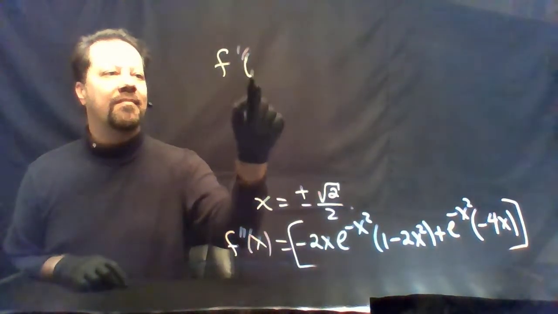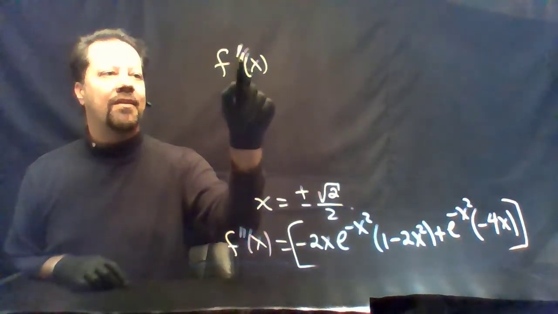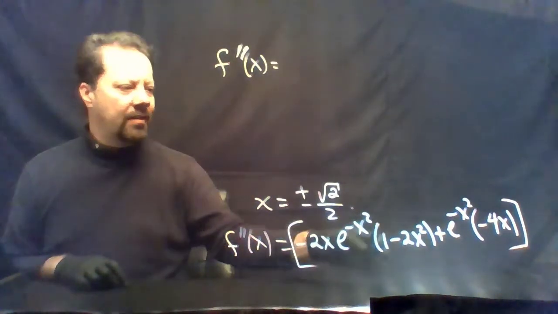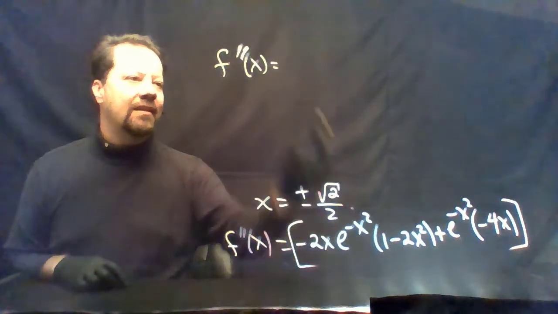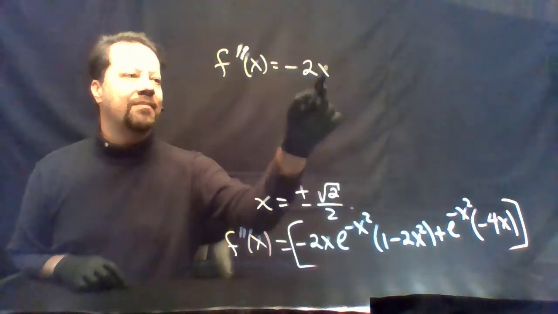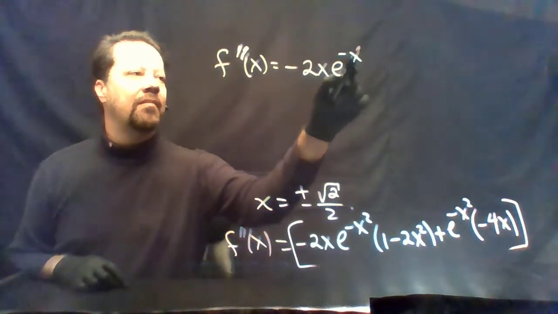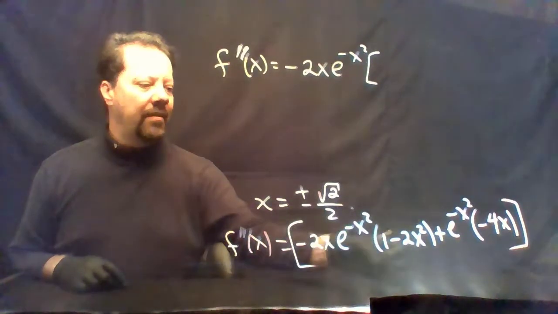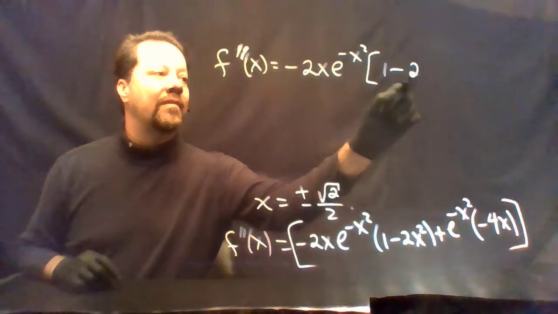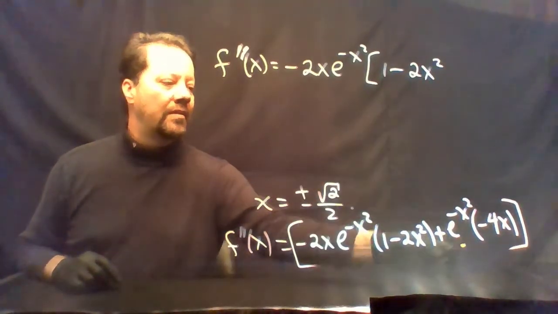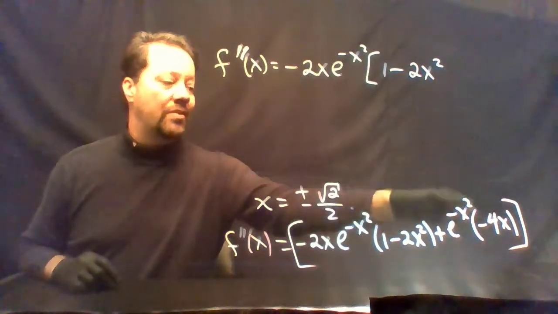Simplifying the second derivative, it looks like we can factor out a negative 2x e to the negative x squared. What's left over is 1 minus 2x squared plus 1, plus 2.